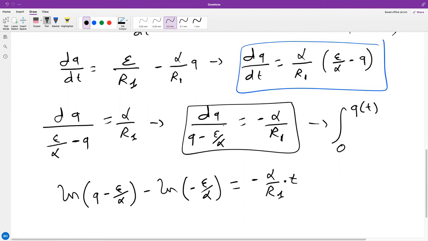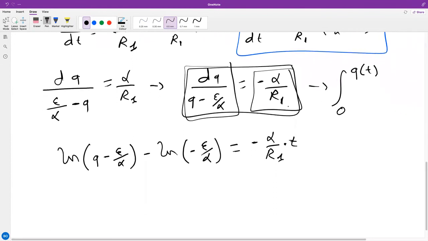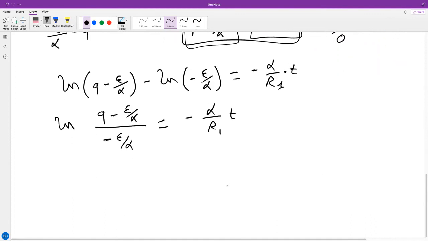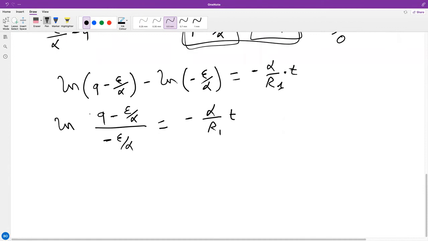The integral of this part gives me ln, and the integral of the other part gives me t, because it's a constant. I can also write ln of (q minus E over alpha) over (minus E over alpha) equal to minus alpha over R1 t. Then I can get rid of the ln by going to the exponential.